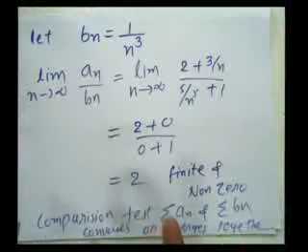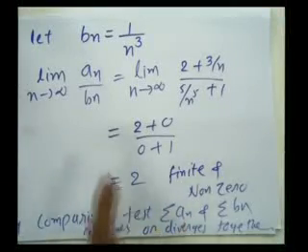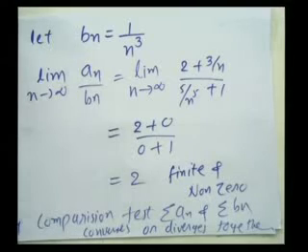So in this way we can decide that sigma an and sigma bn both converge or diverge together, but still we haven't decided whether both series are convergent or divergent.